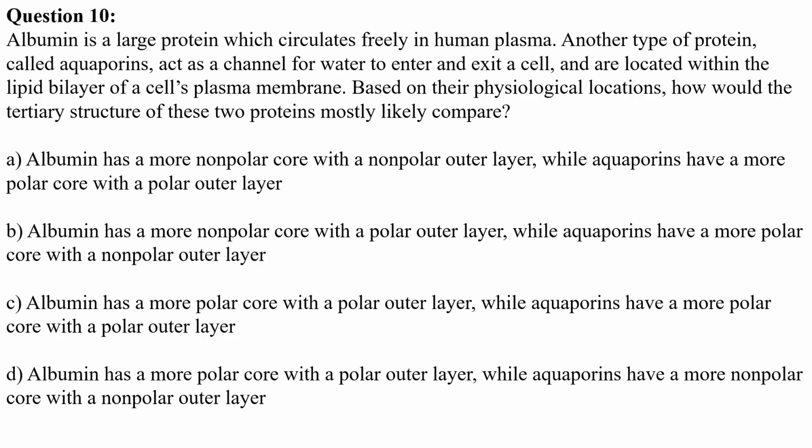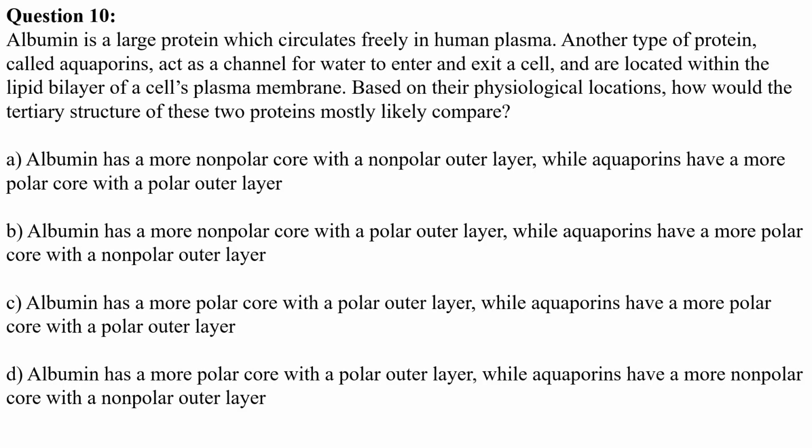Option A is albumin has a more non-polar core with a non-polar outer layer, while aquaporins have a more polar core with a polar outer layer. Option B is albumin has a more non-polar core with a polar outer layer, while aquaporins have a more polar core with a non-polar outer layer.